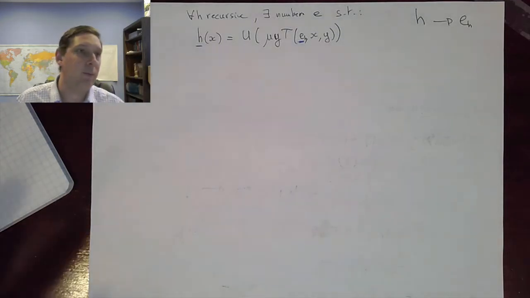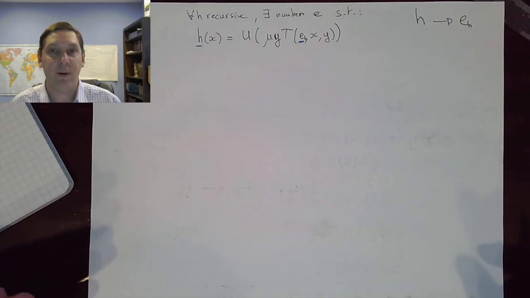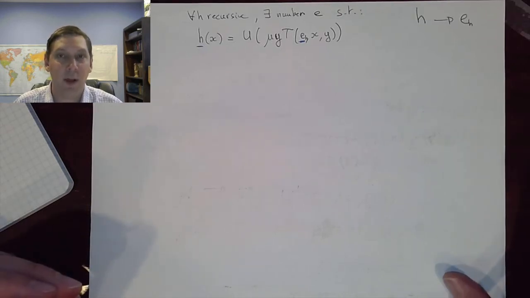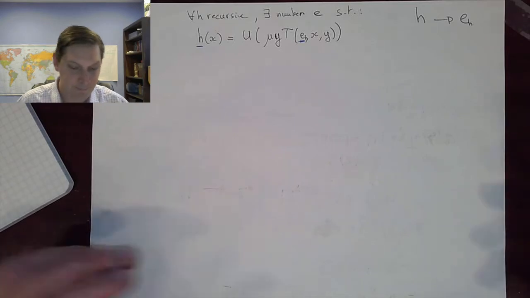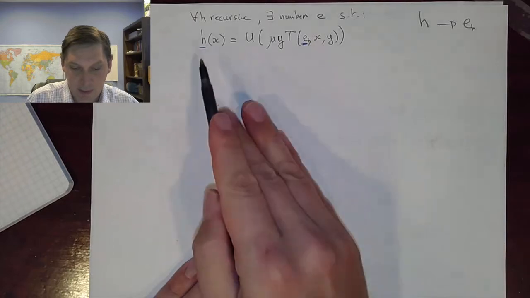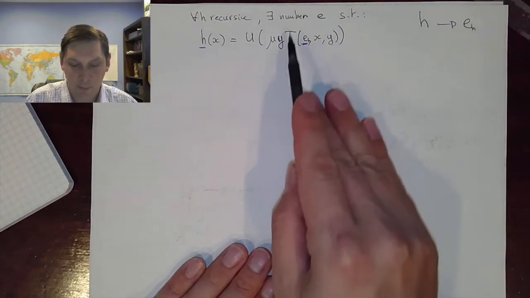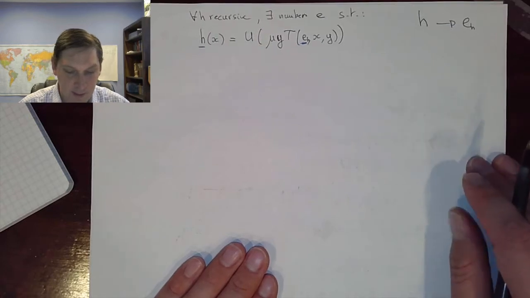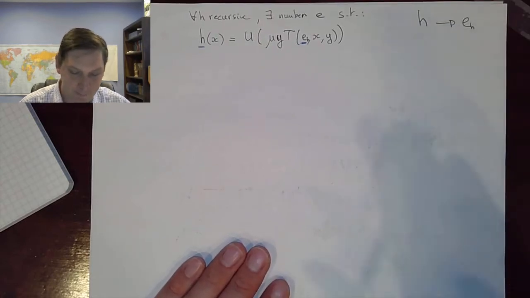Well, you could say, yeah, we can already do composition of functions, but it's not the same thing. Here we're not just composing, right? It's not like saying h is equal to a composition of h.